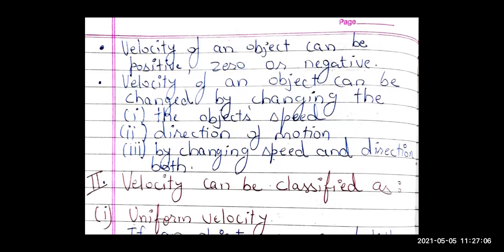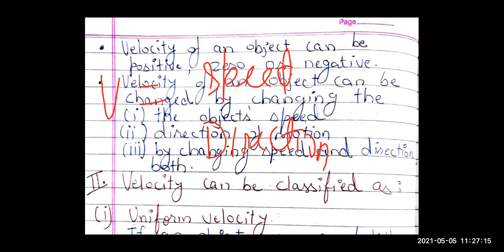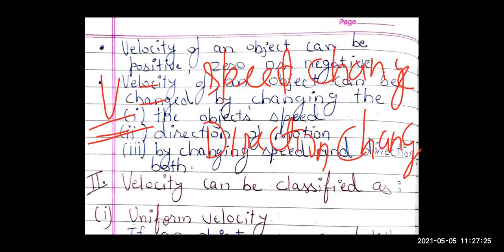Now children, you all know that velocity is speed and direction both. Speed plus direction. So if I want to change velocity, how can I change? I can change by changing the speed. If I change the direction, I can change velocity. And if I change both speed and direction, then also I can change velocity.